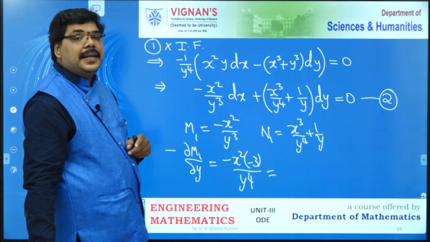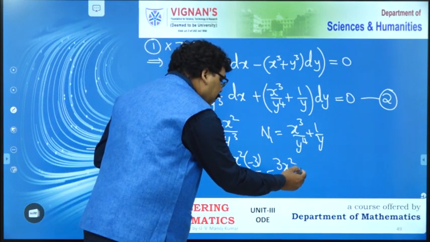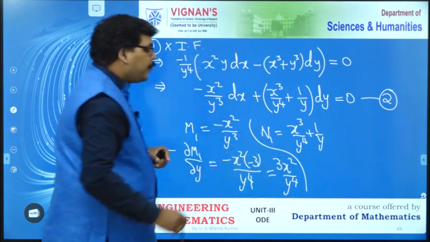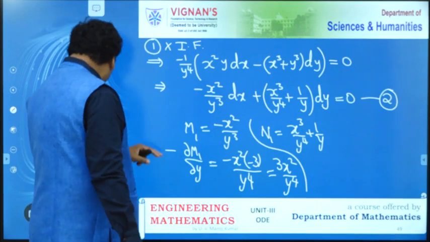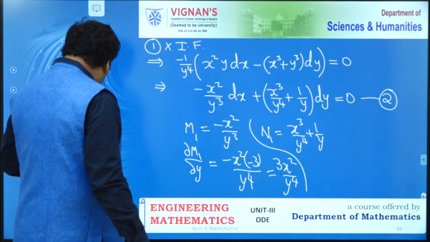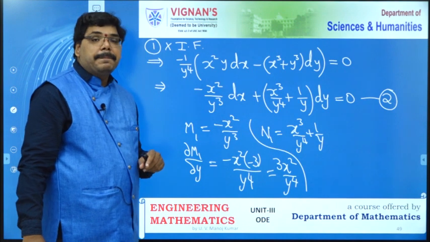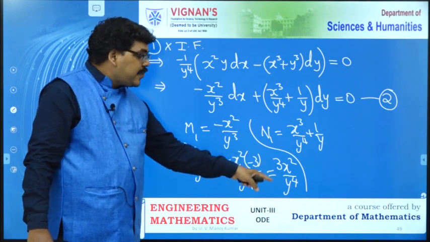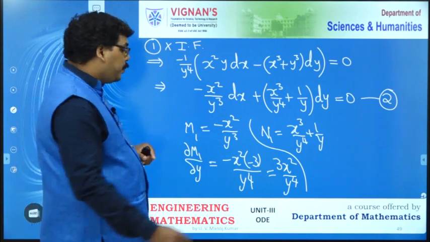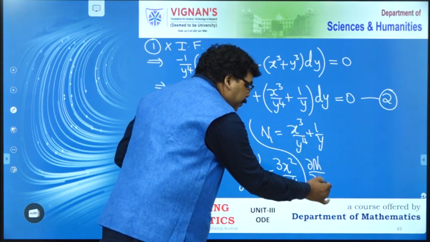If you simplify, 3x square by y power 4. So ∂M1/∂y is 3x square by y power 4. Similarly, ∂N1/∂x.